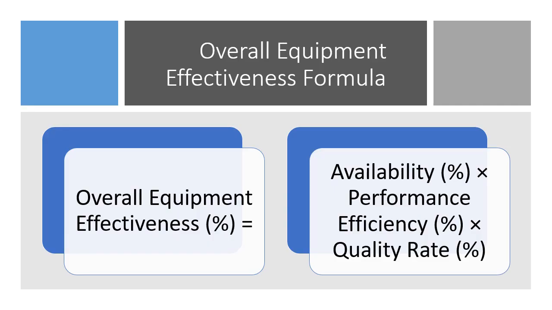So what is the formula for calculating the overall equipment efficiency? It is availability multiplied by performance efficiency multiplied by quality rate. All three are in percentage.